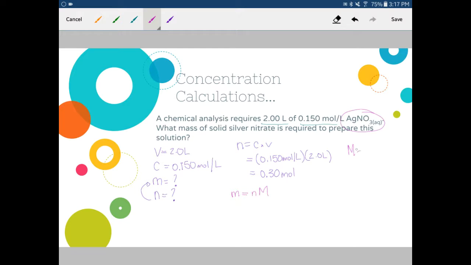I have 1 times nitrogen, which is 14.01, 3 times oxygen, which is 36.00, and for silver, I don't remember that value off the top of my head, so I need to look it up. Silver is 107.87 grams per mole.